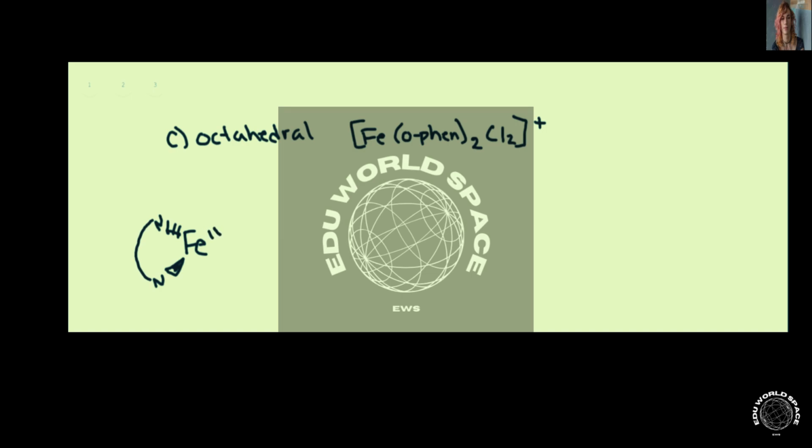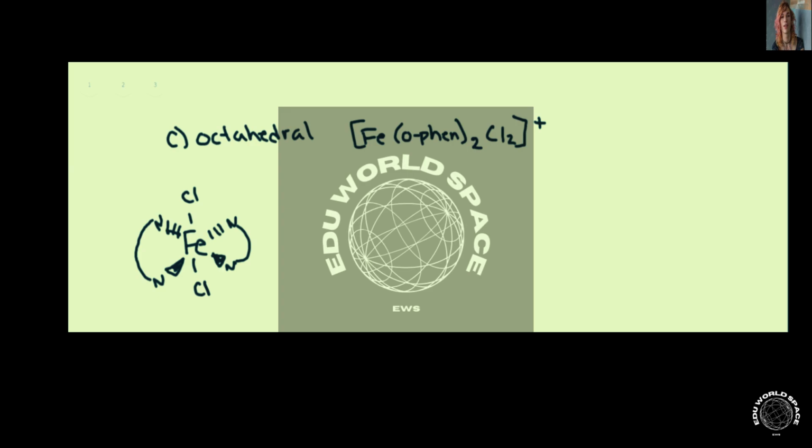And we have 2 of those. So just show the loop between those, and then you have Cl, the Cl coming directly above and directly below.